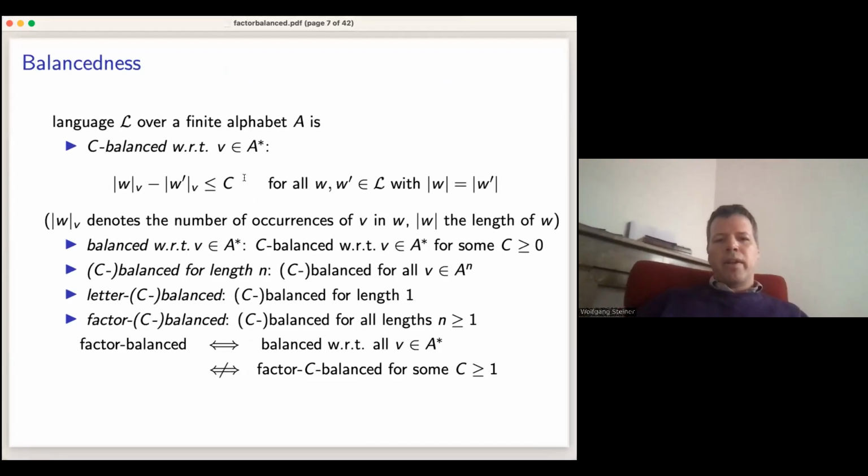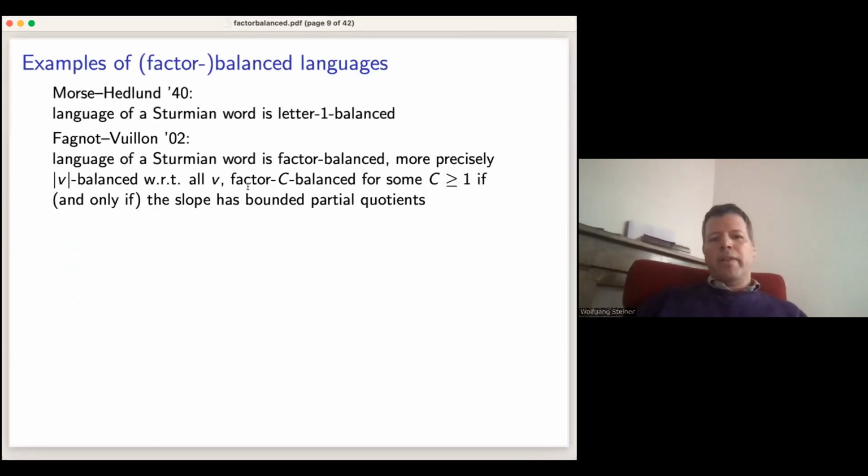For factor balancedness, we assume that C can depend on the word V, so factor balancedness is not the same as factor C-balancedness for some C. We know from Berthé and Vuillon that certain Sturmian words are factor C-balanced, but I think we don't know any other words where this C is an absolute constant. It would be interesting to know if there are other words. This was basically all I wanted to say. Thank you for your attention.